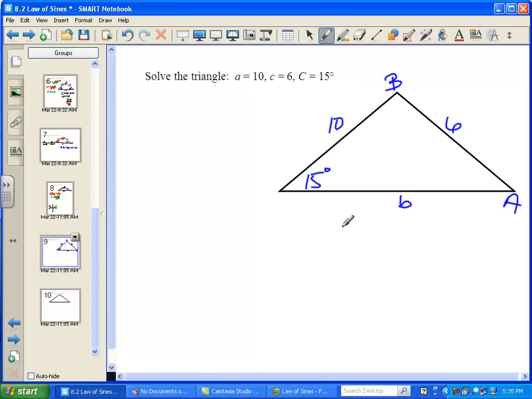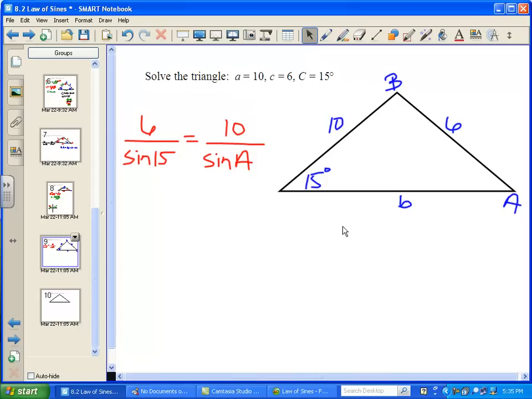So we're going to just set this up as 6 over the sine of 15 is equal to, let's say, 10 over sine A. And if you remember from the last video, I want to set this up one more time for you to remind you that it's better, I think, to have the variable in the numerator.